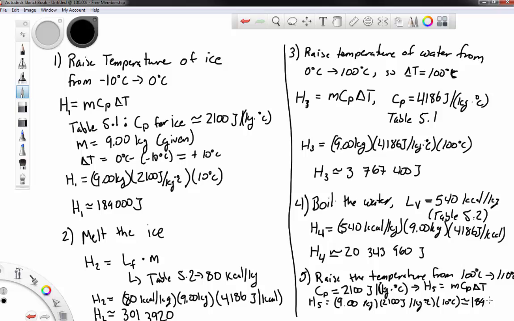This again is a double check, because for heat number 1 we had the same amount of mass, the same change in temperature, and the same specific heat capacity, so we would expect to get the same answer. So that's a way to check against calculator errors.